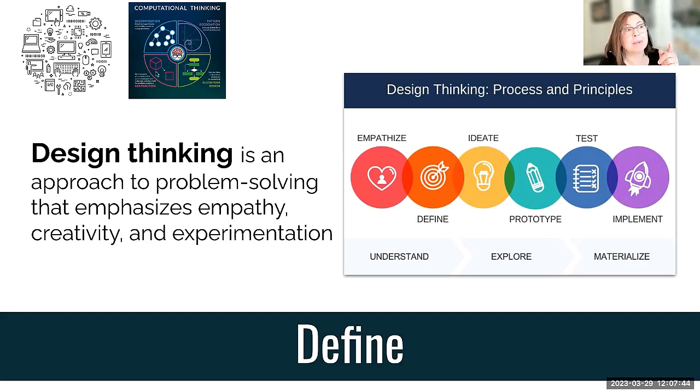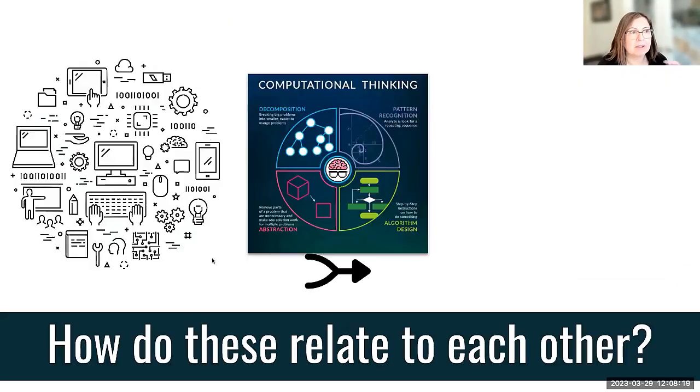If I am putting together a plan to code a little robot to do something, or a plan to show my friend how to clean their teeth, just as a partner activity, non-tech in class, you might need to, at some point, think, okay, I need to go through this design phase in order to figure out how I can best go about doing this. So they're complementary processes that are very big in the new curriculum.